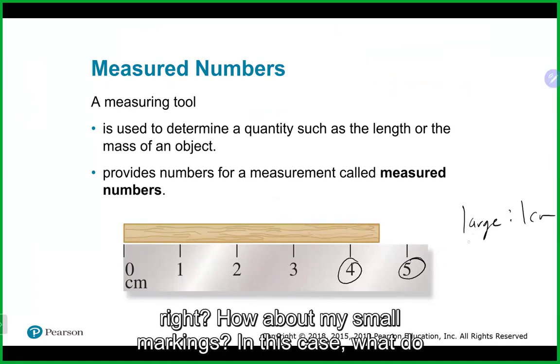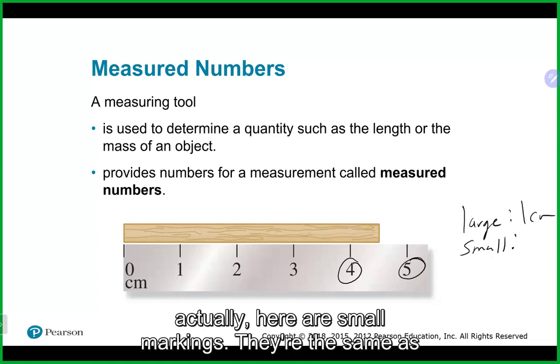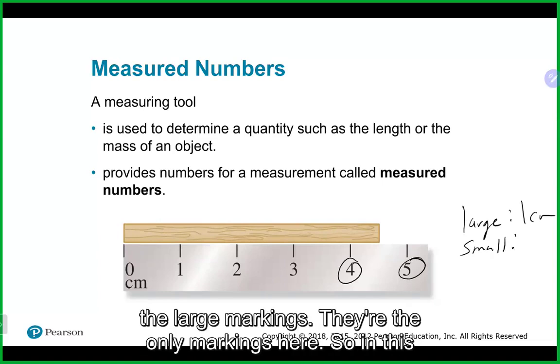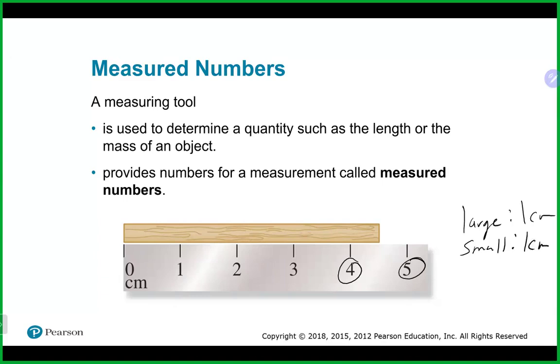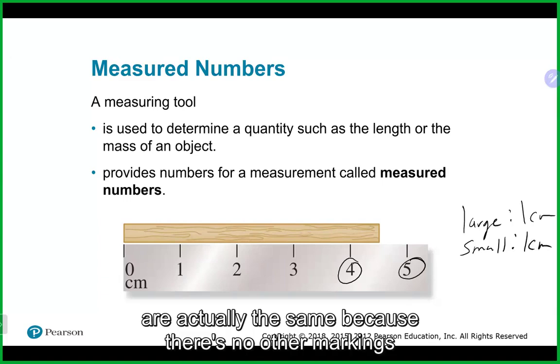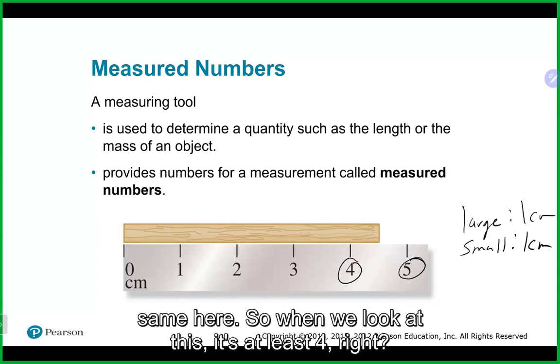How about my small markings in this case? What do they represent? The answer is there actually are small markings, but they're the same as the large markings. They're the only markings here, so both the large and the small markings will be the same.